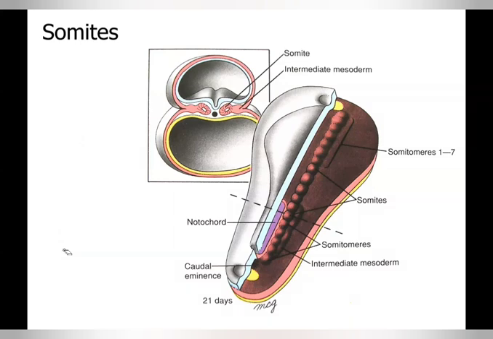For instance, if you take the vertebral column, you can clearly see its segmented nature. In the thoracic region, you get ribs attached to the vertebral column, and the muscles between the ribs are also segmented.